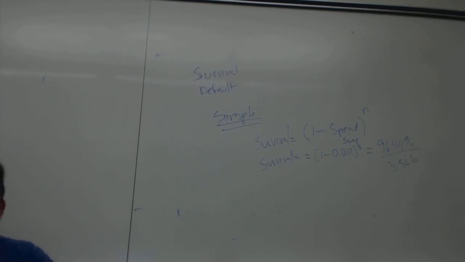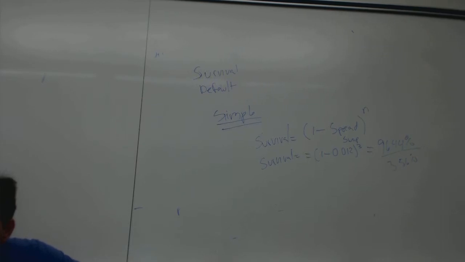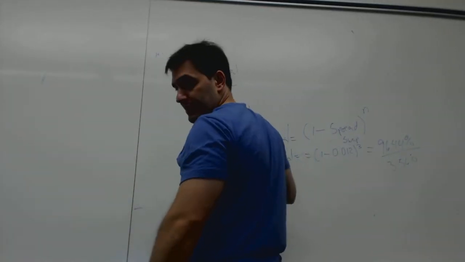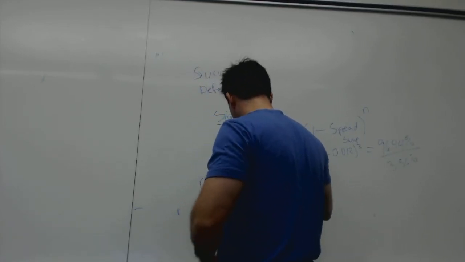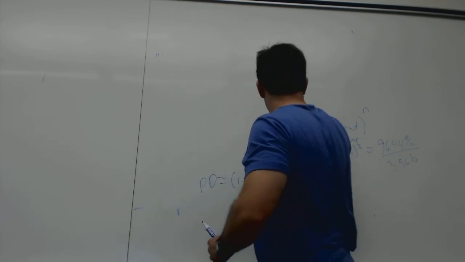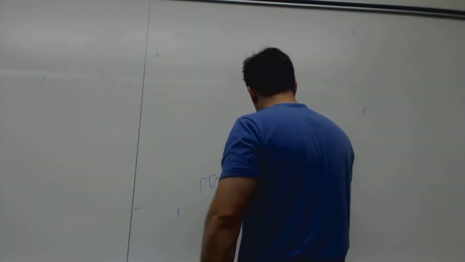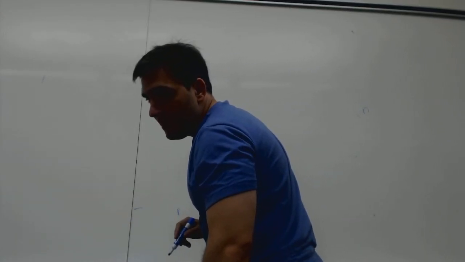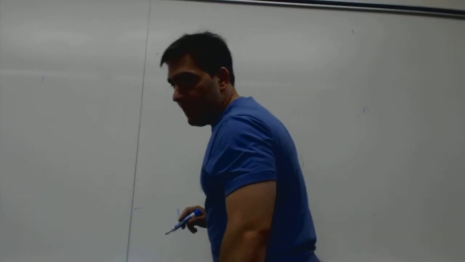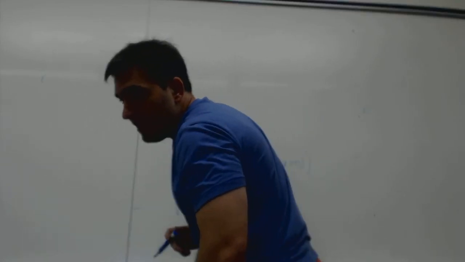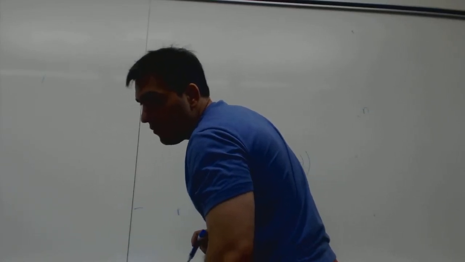The formula that takes into account the recovery rate: the probability of default is equal to 1 minus e to the minus spread of the swap times n, and this is then divided by 1 minus the recovery rate.